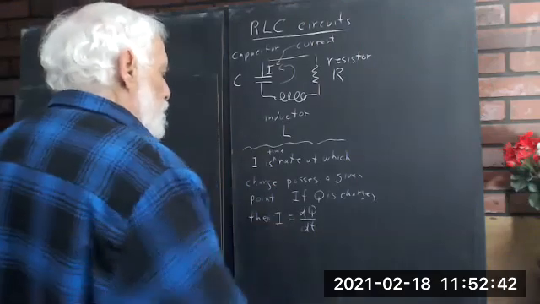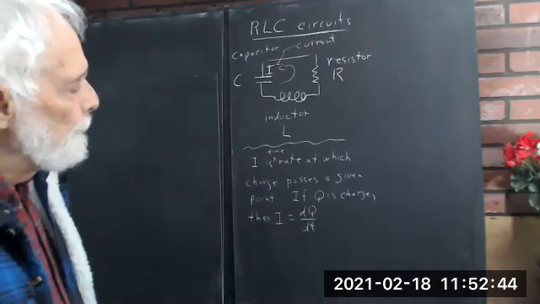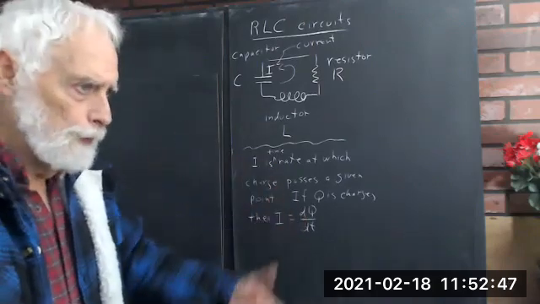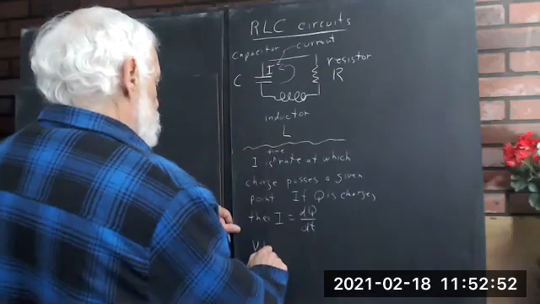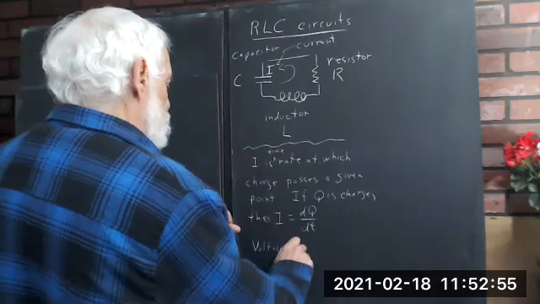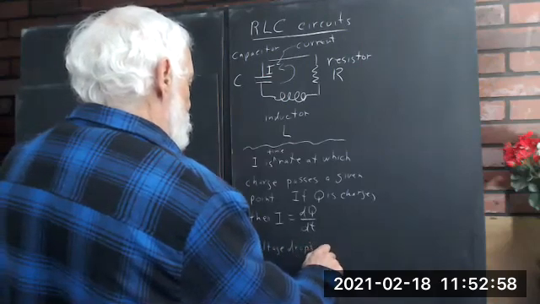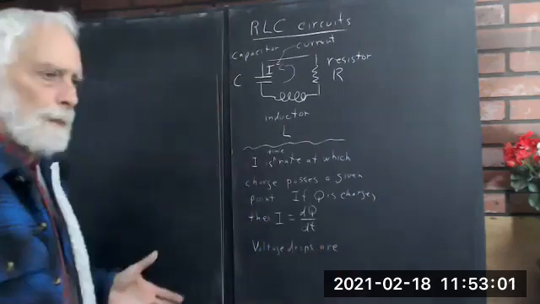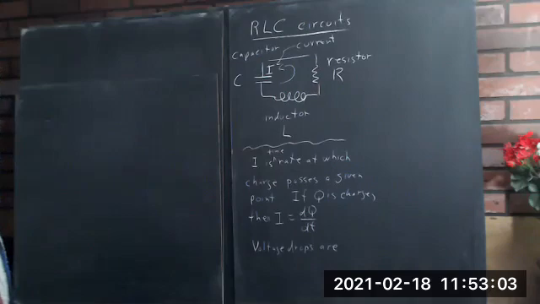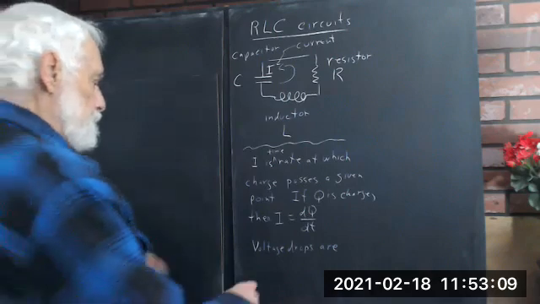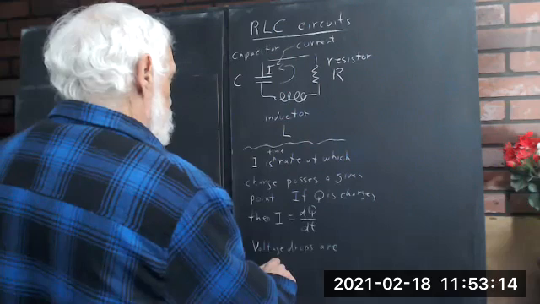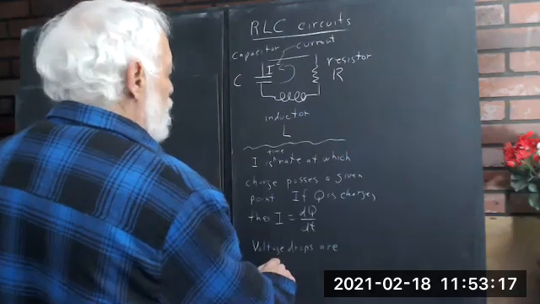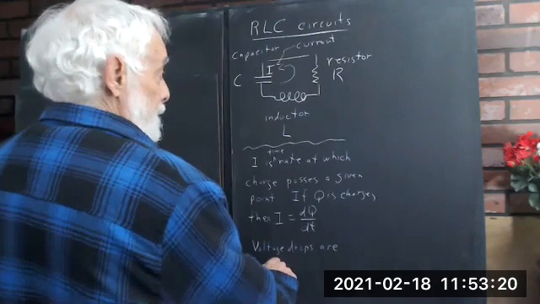Now, you have voltage changes, a voltage drop through each component. The resistor: I'm trying to decide if I want to write IR or RI.